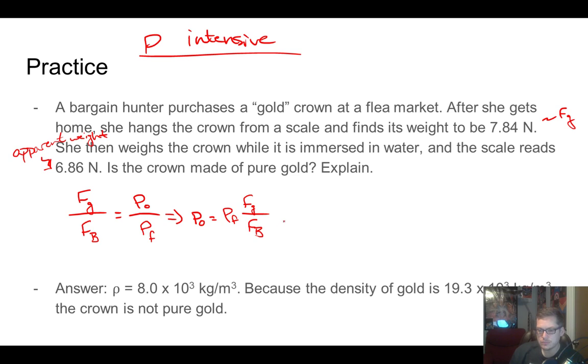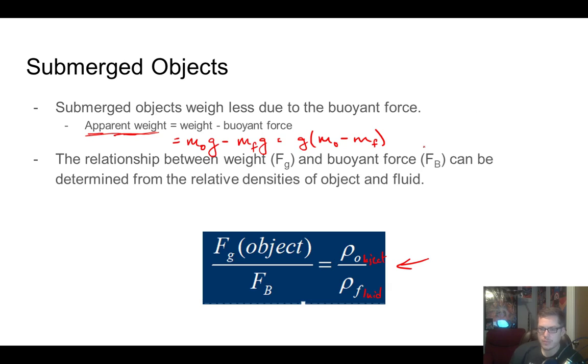All right. So the density of the fluid, well, it's just water, so the density of the fluid is 1.00 times 10 to the third kilograms per meter cubed. The force due to gravity is 7.84 newtons. Now we need the buoyant force. For the buoyant force, we need to take the weight minus the apparent weight, and that'll give us the buoyant force.